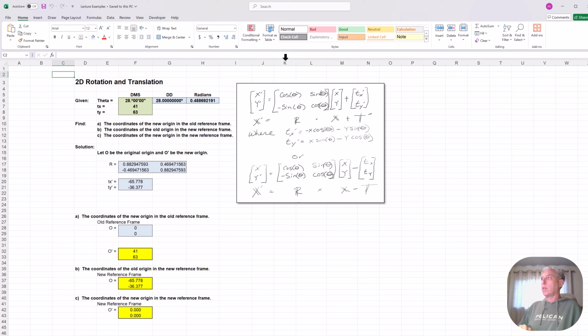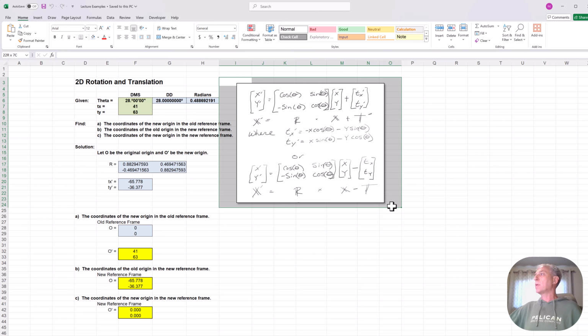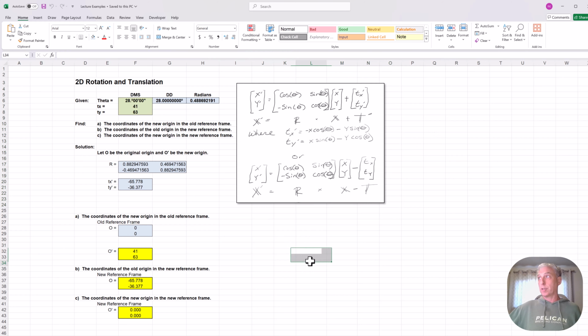Notice first of all that I have my formulae all laid out, and it's nice to do this ahead of time in your spreadsheet because it makes it super easy to reference what formula I'm going to use. And I'm just going to delete these and put a couple in and show you how we do this.